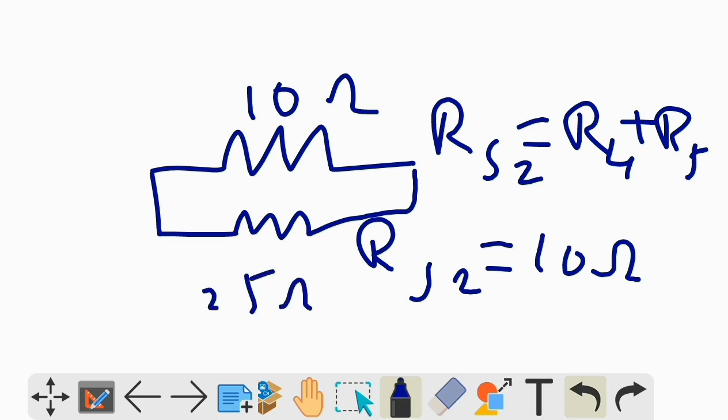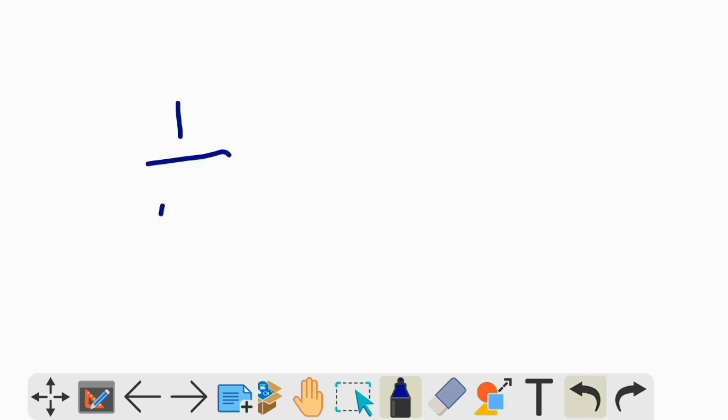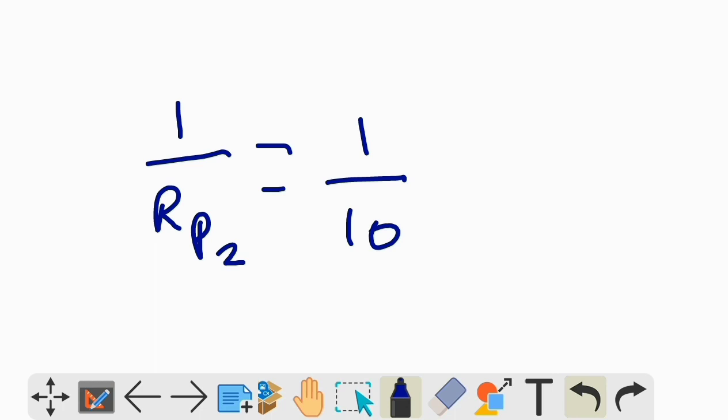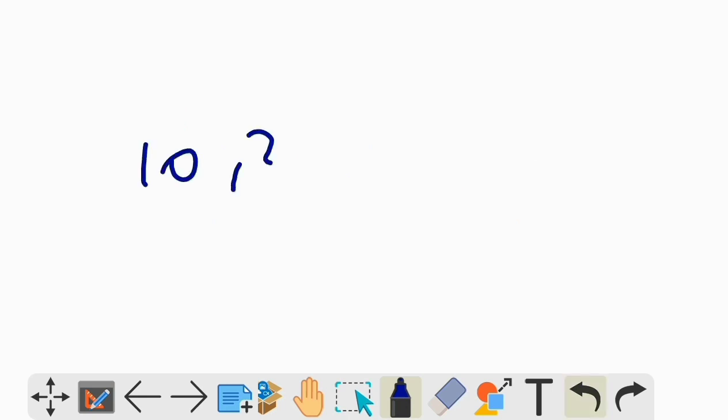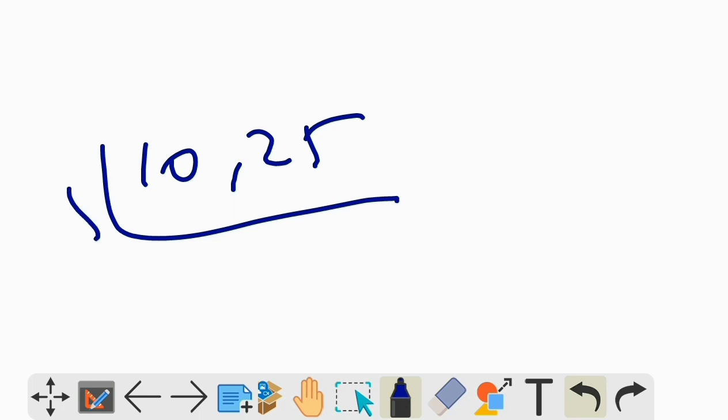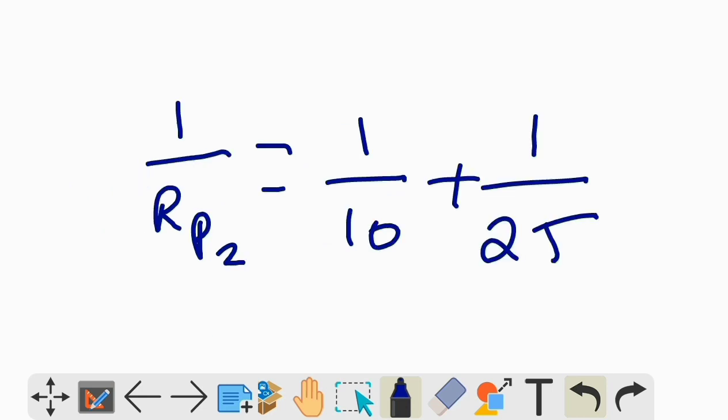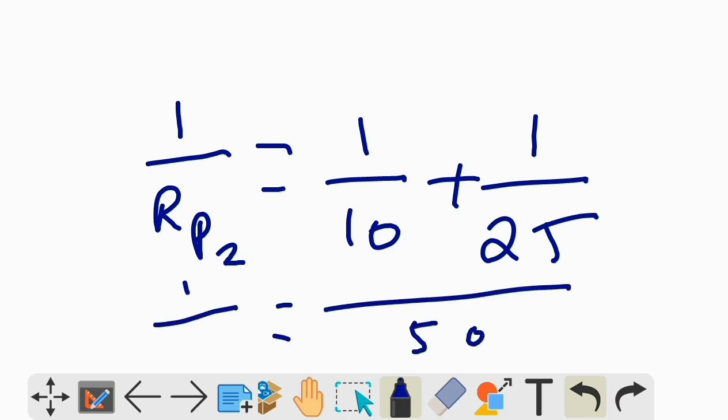So 1 by Rp2 we can write: 1 by Rp2 equals 1 by 10 plus 1 by 25. Simplify. What is the LCM of 10 and 25? 5 twos are 10, 5 fives are 25. So 5 twos are 10, 10 into 5 is 50. You will have 50 as the LCM.